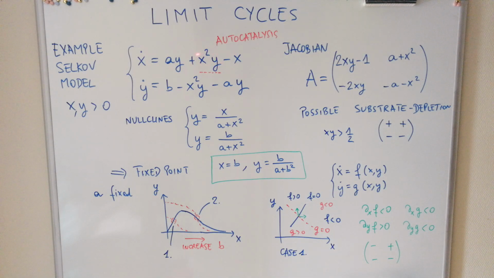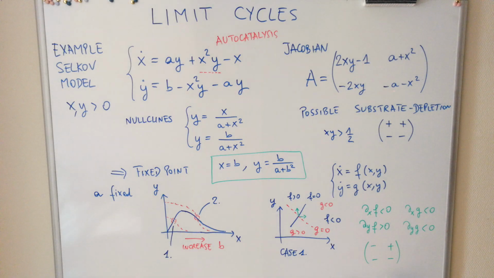This term is an autocatalytic term, right? Because you see x dot grows if x grows due to this term. Of course, there is also the degradation. The degradation increases as x increases in concentration, but this grows as x squared. This grows as x, so there are possibilities here to get a plus sign if x squared times y is sufficiently large, such that this one is larger than the contribution of degradation.